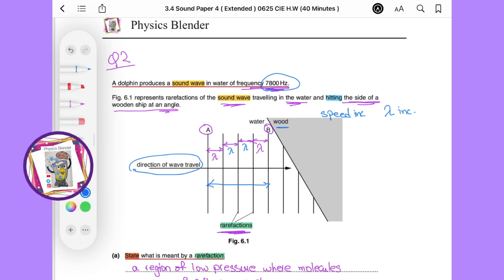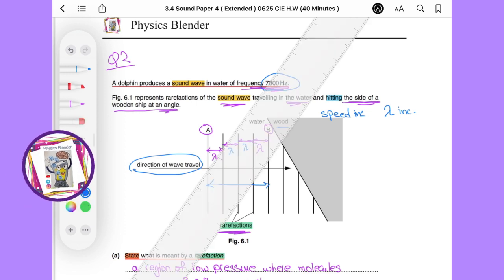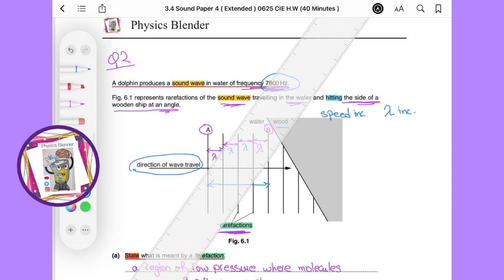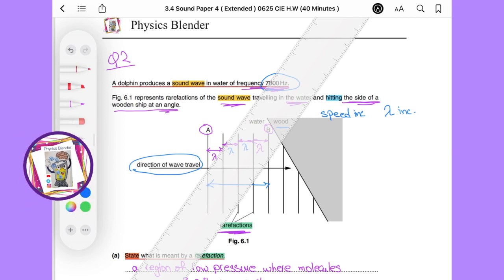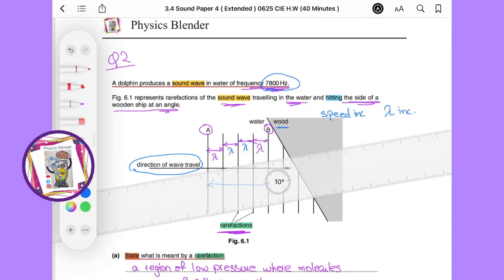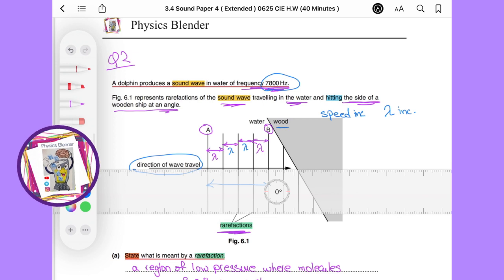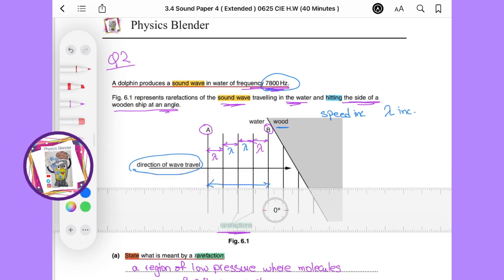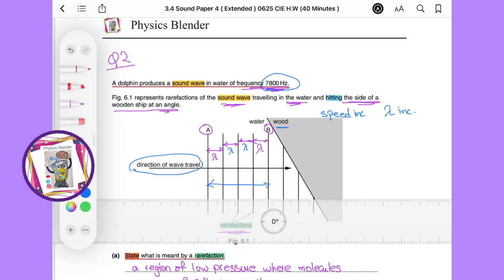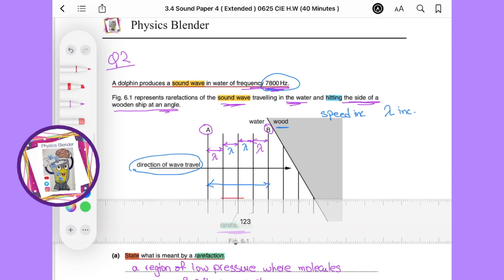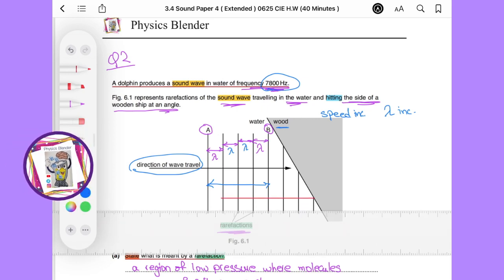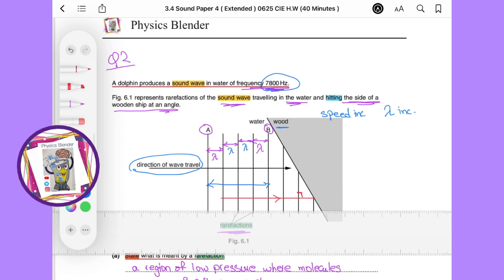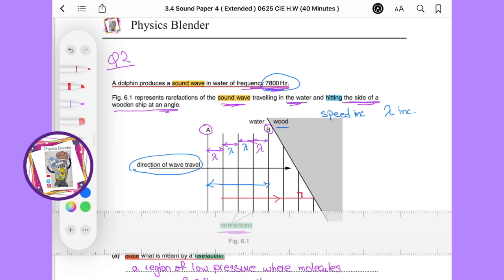Okay, I will draw one normal and we will repeat for the other wave fronts. I will draw it in red. So here, if we continue the direction, I will draw it here. Okay, so this is the direction of wave travel. Make sure that all wave fronts are perpendicular to direction of wave travel.